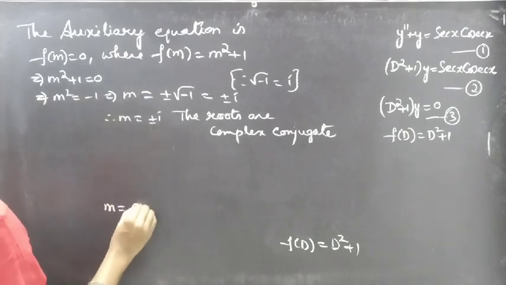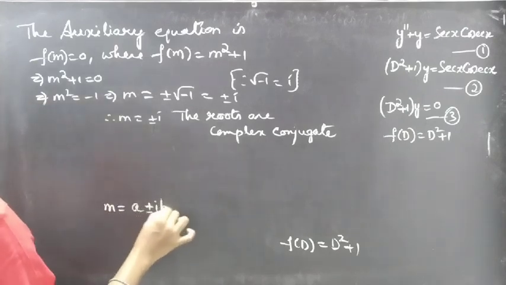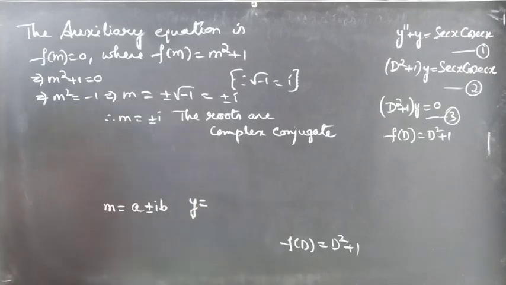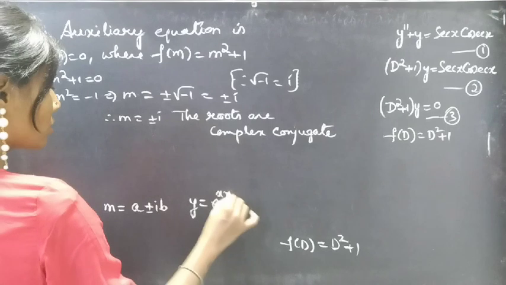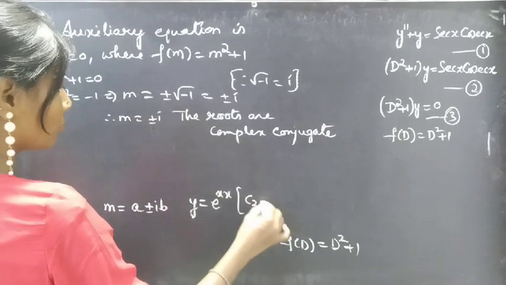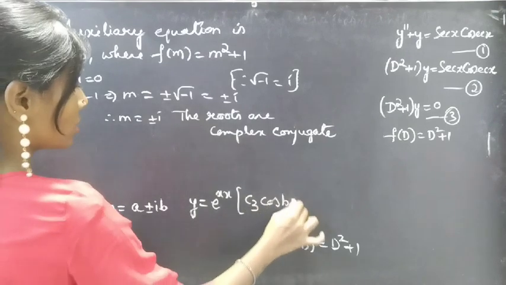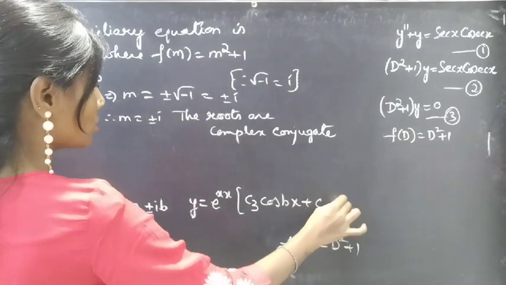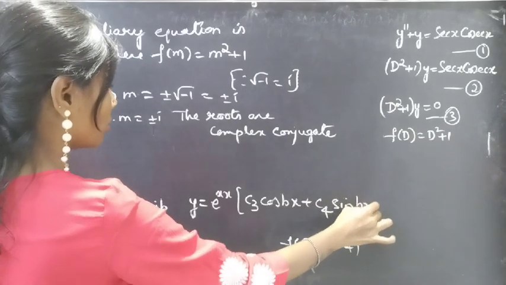When m equal to a plus or minus ib, the solution to the homogeneous equation looks like y equal to e power ax into c3 cos bx plus c4 sin bx, right?